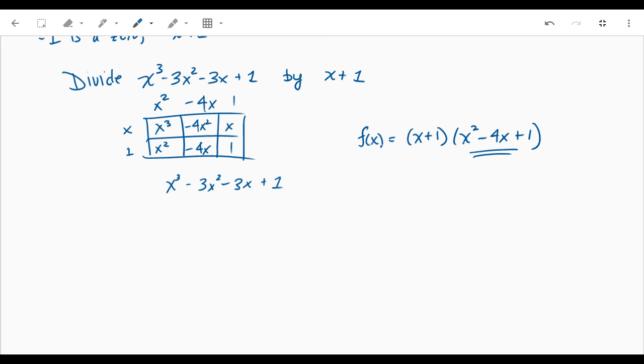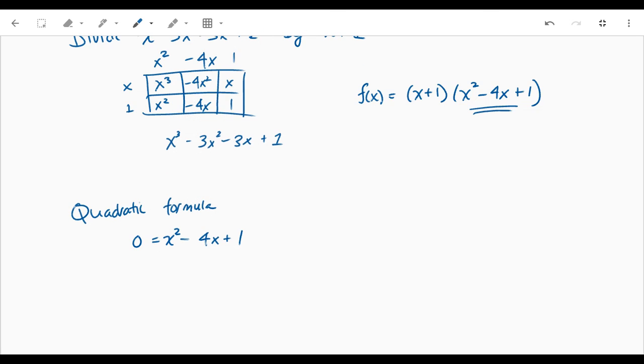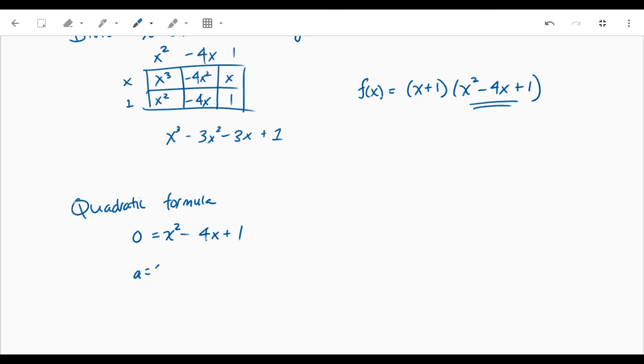So now what we need to do is use the quadratic formula to solve 0 equals x squared minus 4x plus 1. Okay, so a is 1, b is -4, and c is 1.